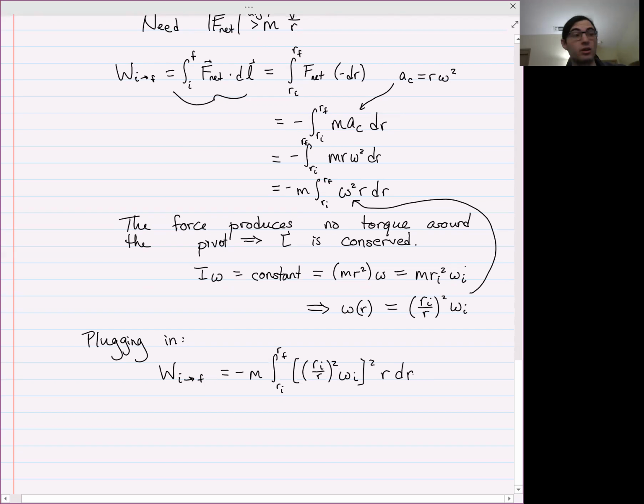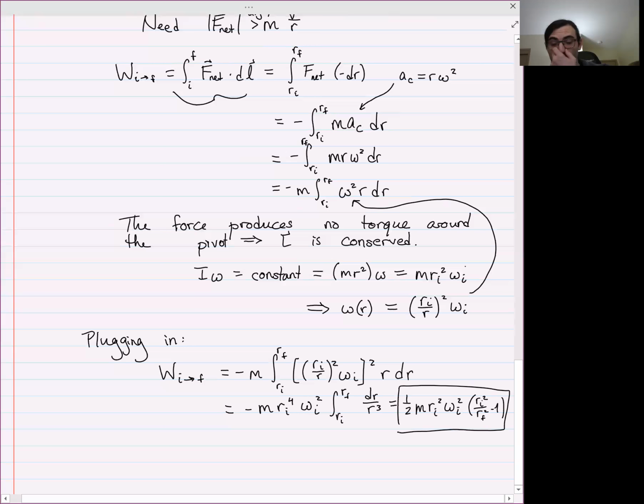I just substituted in what omega is as a function of r. And so we can rewrite this as m r_i to the fourth omega_i squared times the integral from r_i to r_f of dr over r cubed, right? And so we can do this integral, and we're left with 1/2 m r_i squared omega_i squared times (r_i squared divided by r_f squared minus 1). So this is our total work that's done.